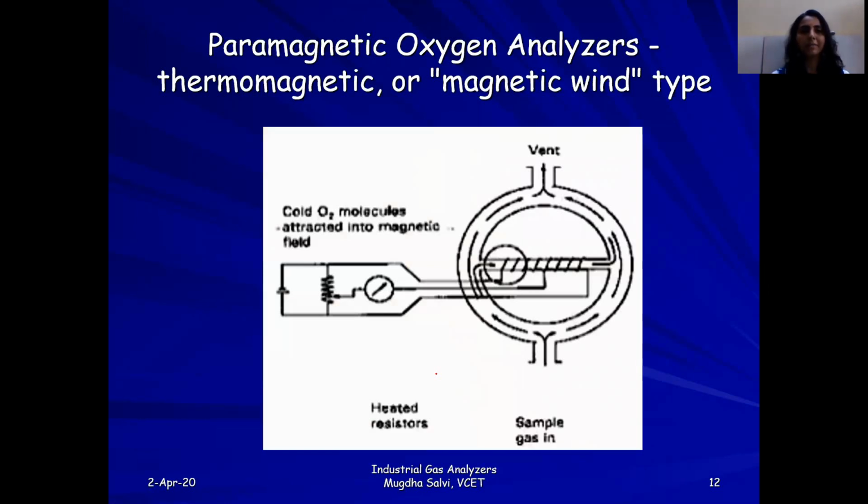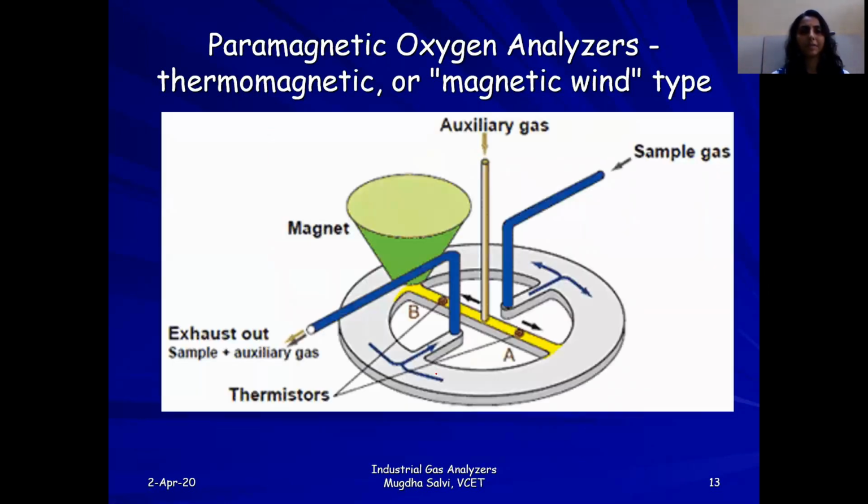This is the same diagram for the magnetic wind type. Maybe from this diagram it will be more clear, because this yellow part that you can see is the oxygen part. Whenever the sample gas is entering, it will take two paths, one this way and the other this way.